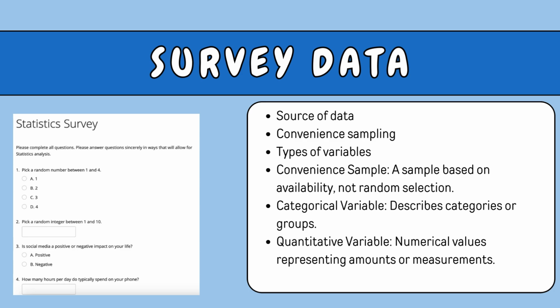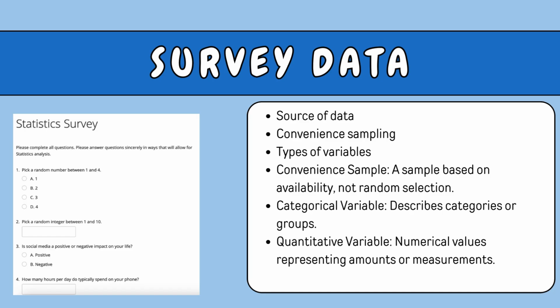Our data had both categorical variables and quantitative variables. Depending on what kind of variable we had, this was a determining factor in what kind of analysis I was able to do. Categorical data is basically different categories or groups, more descriptive things.